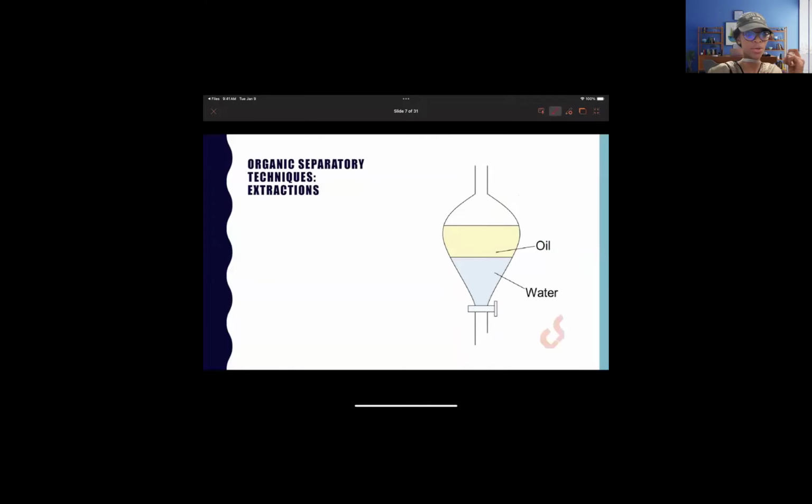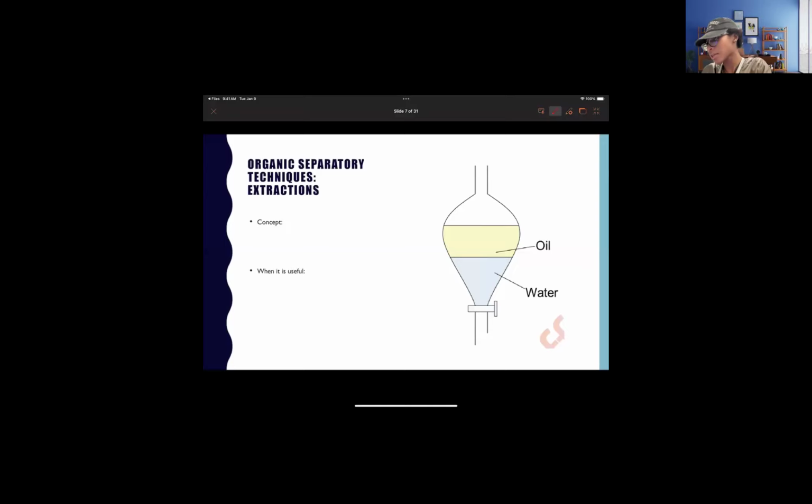In addition to distillations for separating liquids, we also have extractions, which are going to operate on the basis of solubility. So their objective is going to be separating compounds based off of their solubility.